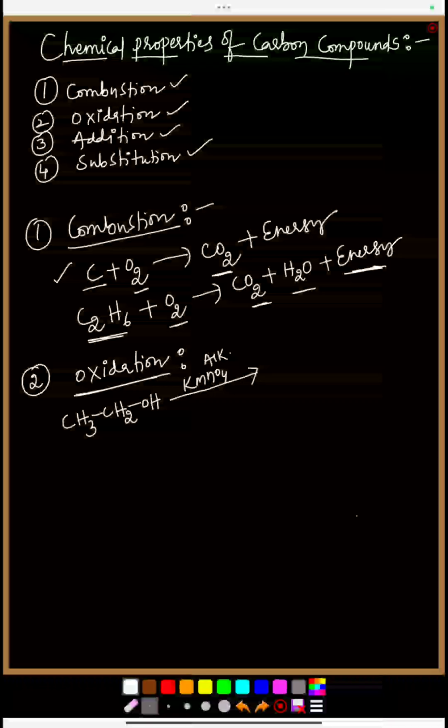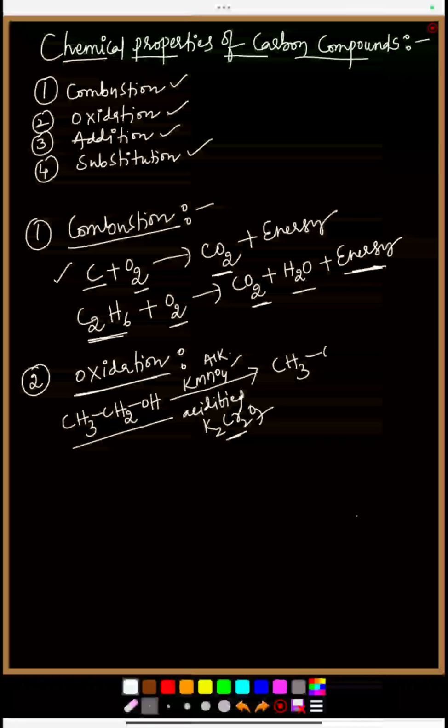If it is not available, acidified potassium dichromate. So I have taken a carbon compound, that is ethyl alcohol, reacting with oxidizing agents like potassium permanganate or potassium dichromate and turned into ethanaldehyde, which is called ethanal.